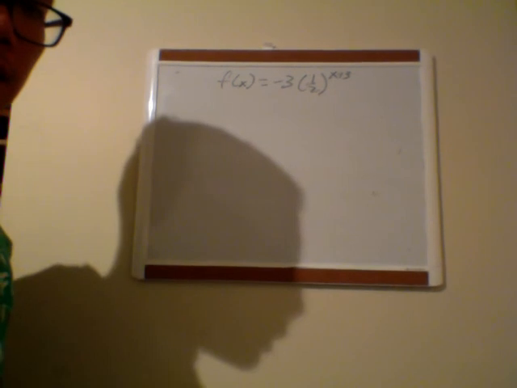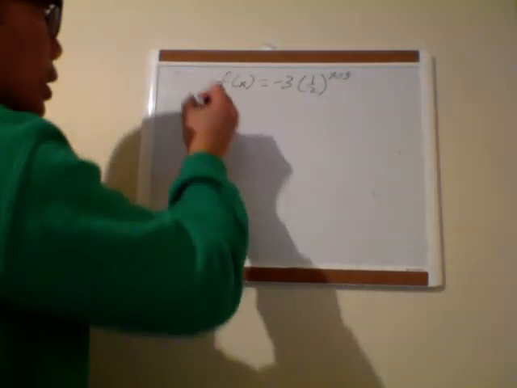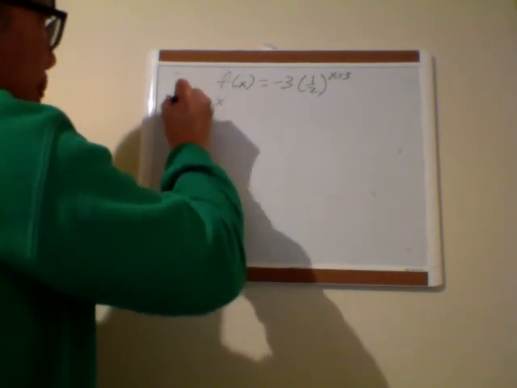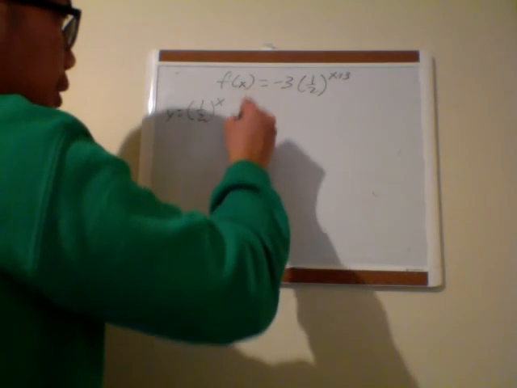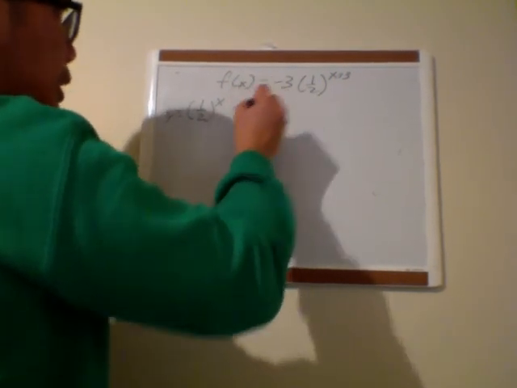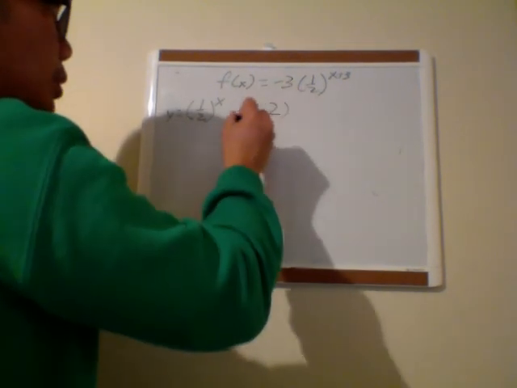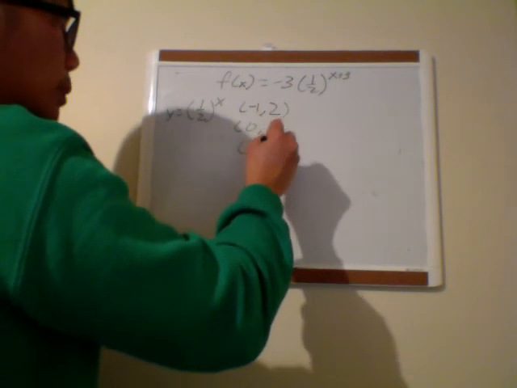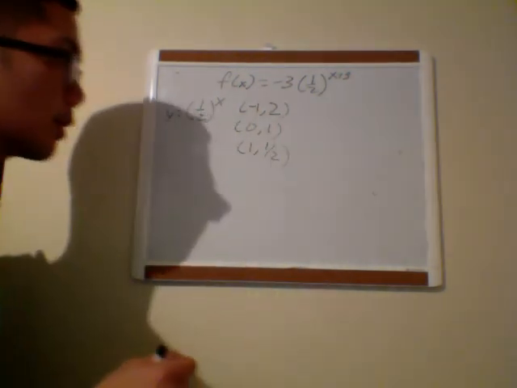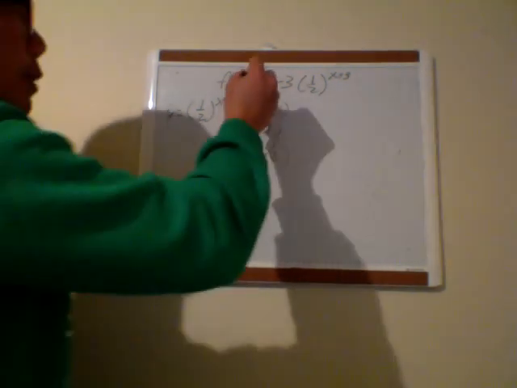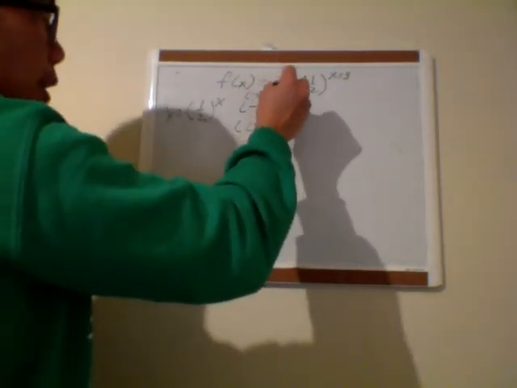Now, like I said in class, if you don't know what this looks like, just start with (1/2)^x. Okay? And then if I plug -1 in, this becomes 2. If I plug in 0, it becomes 1. And if I plug in 1, it becomes 1/2. Okay? And now I can even go further, and if I put in -2, I know that I'll be at 4.